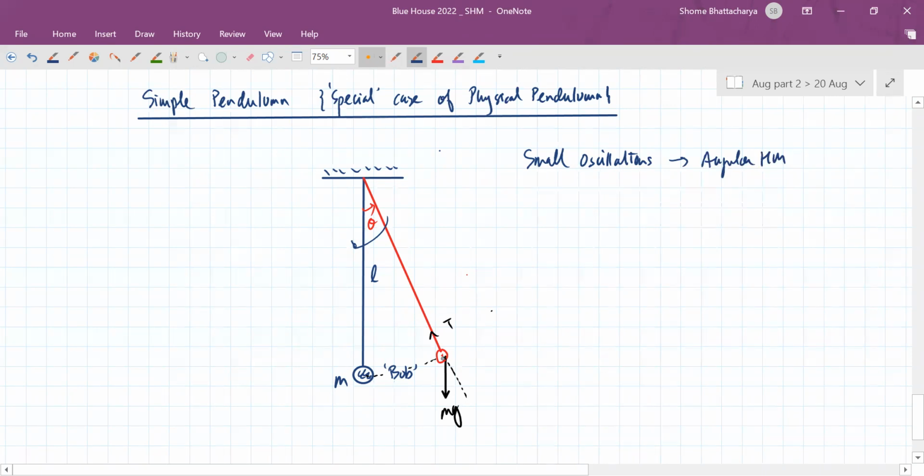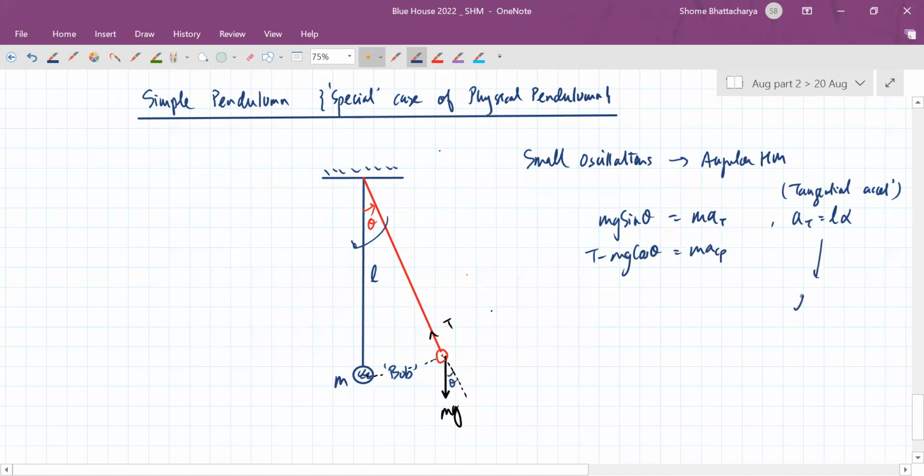So if we go with that kind of approach, you can see here that at this position, mg sine theta is providing the tangential acceleration. So that is equal to L alpha, whereas T minus mg cos theta is the centripetal acceleration or the centripetal force. Now in this you can see that alpha is minus d2 theta by dt square.